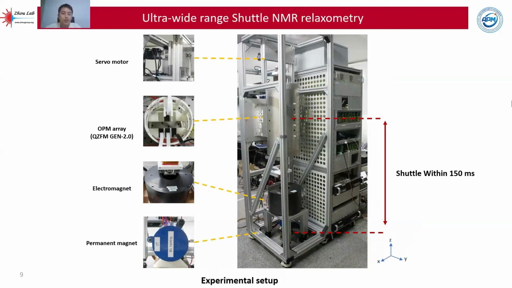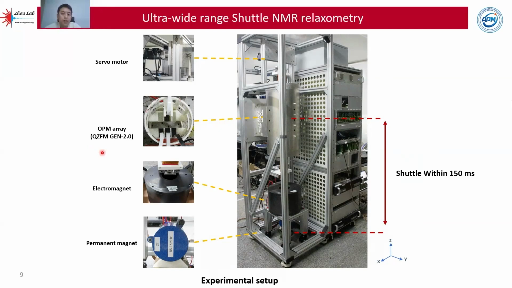And this photo shows the system we have built. The y-axis is used as the sensitive axis of detection, and the direction of the high field. This is the servo motor used to power the shuttle, and the sample can be shuttled within 105 milliseconds.